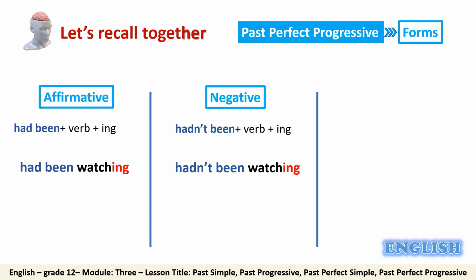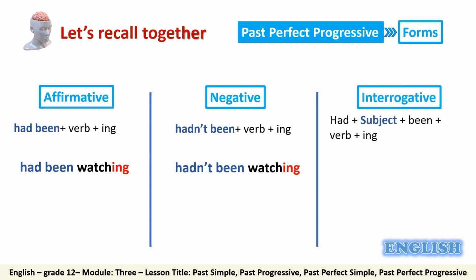For example, hadn't been watching. Finally, the interrogative form, which is made by using had plus the subject plus the verb plus the ing. For example, had he been watching?